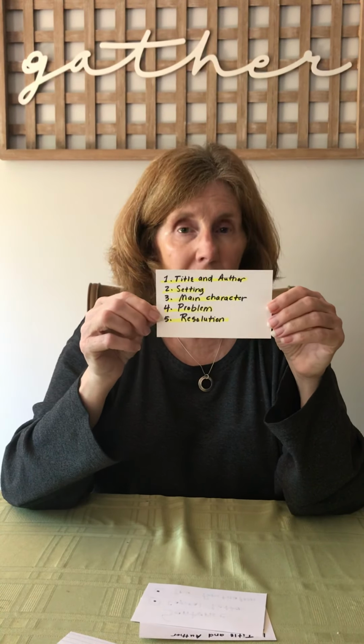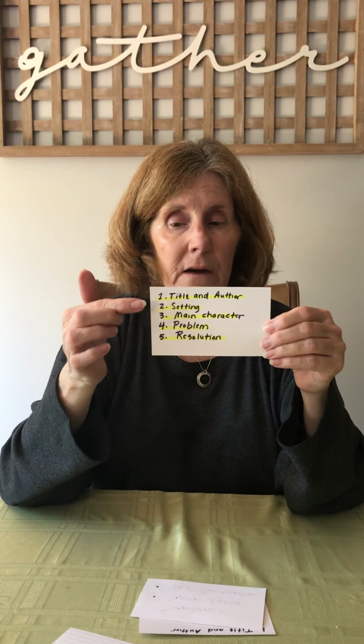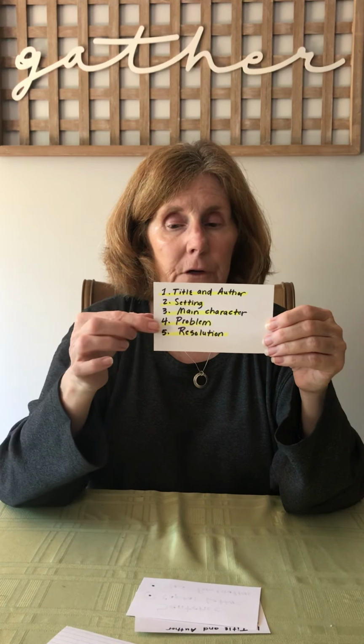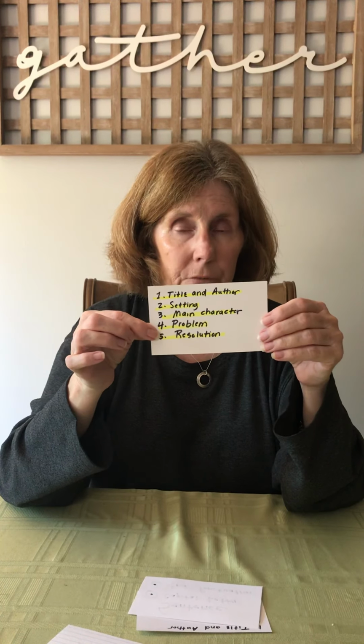So it's going to be a paragraph. To do a well-developed summary, it should be a paragraph. It should be about 7 to 8 sentences. In order for you to cover these things, you need to have about 7 or 8 sentences. So maybe 1 sentence here, 1 here. You might have 1 or 2 for the main character, and you probably will have 1 or 2 for the problem and resolution.